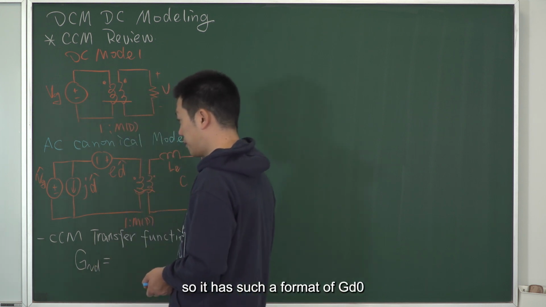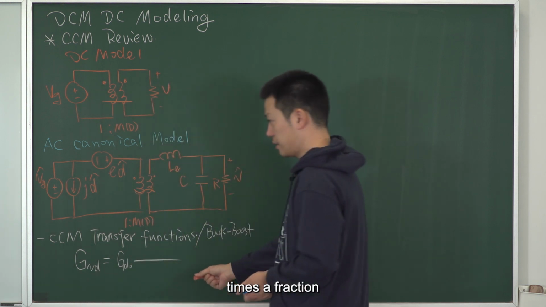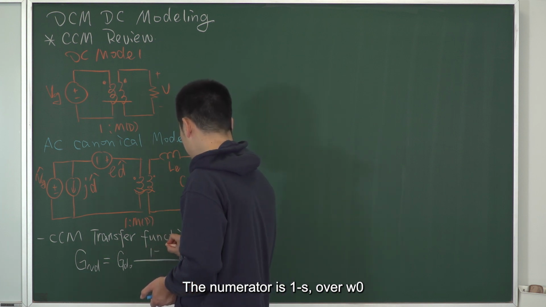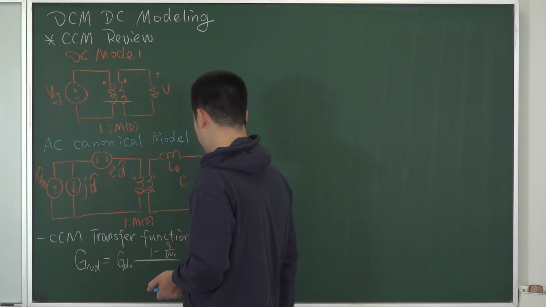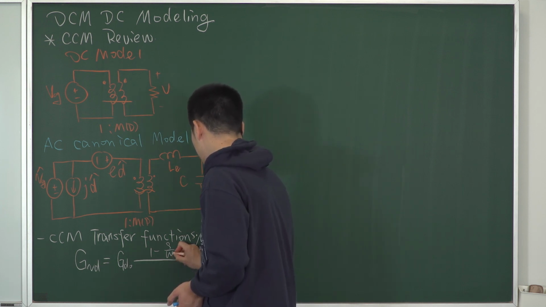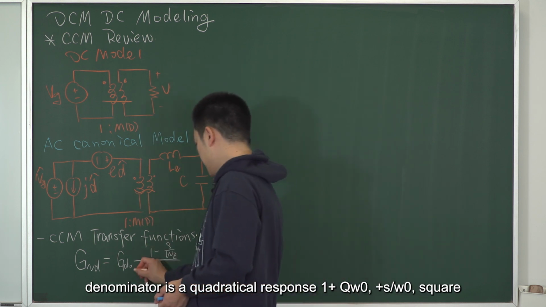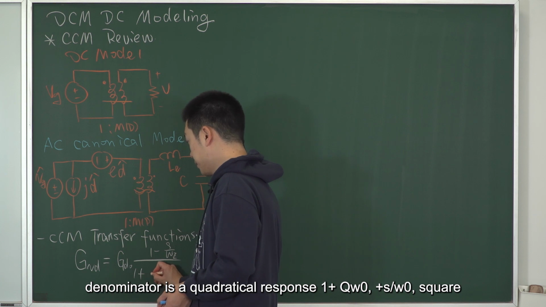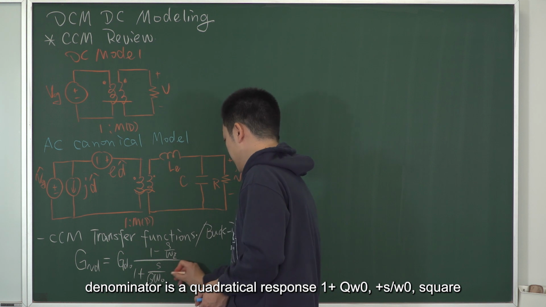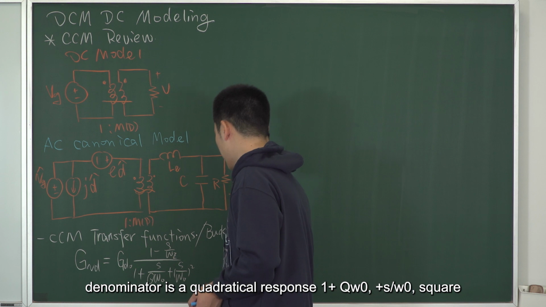It has the format of GD0 times a fraction. The numerator is 1 minus s over omega z. The denominator is a quadratic pole response, 1 plus s over Q omega 0 plus s over omega 0 squared.